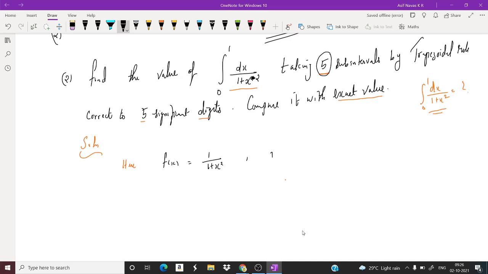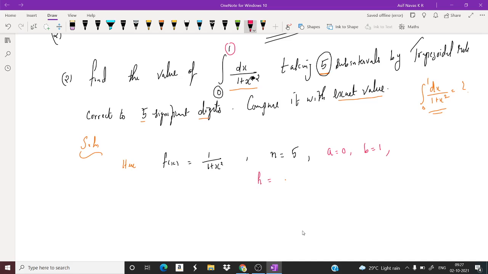So n equal to 5, and our lower limit is 0 and upper limit is 1, that is a equal to 0, b equal to 1. Now we have to find out h.